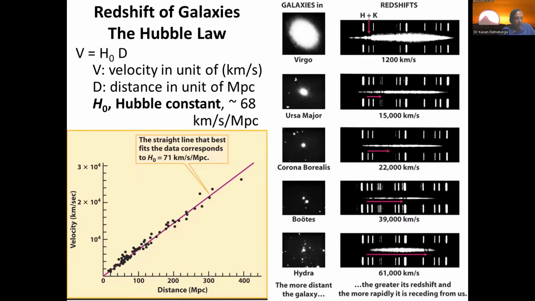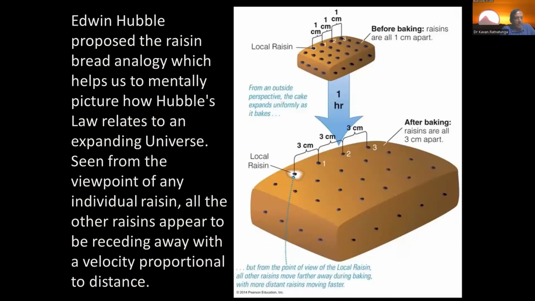I'm not going into the full details, but this was a very important observation for our current understanding of the universe. So his conclusion was that the universe was expanding.